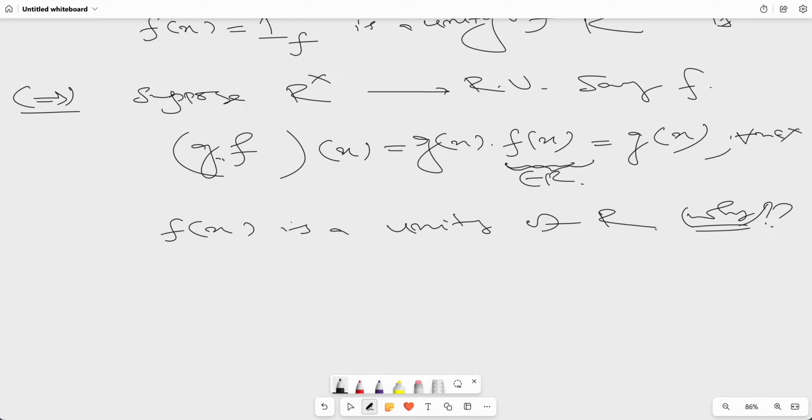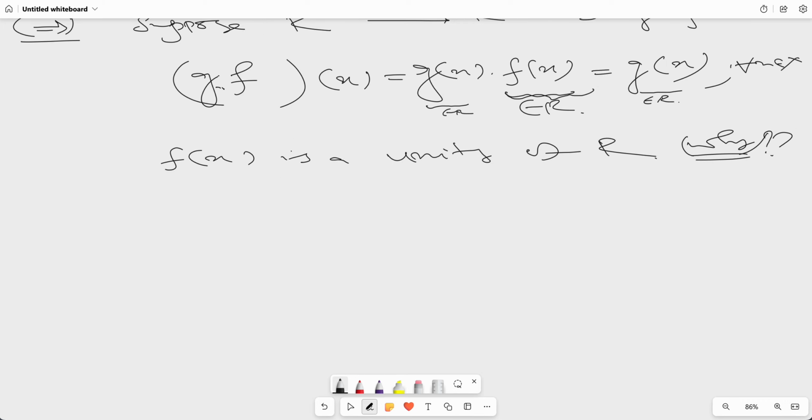So this element is a member of R, and this is also in R. So this f(x) must be a unit. Whatever the element will be, this is going to be a unit. Why is this a unit? Let r be any element in R.